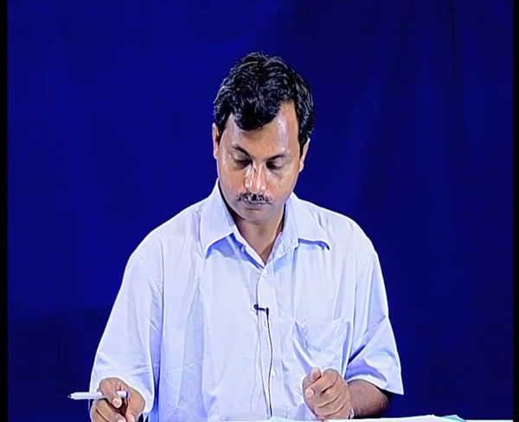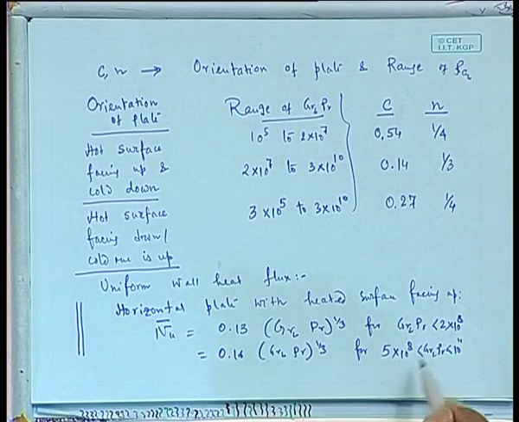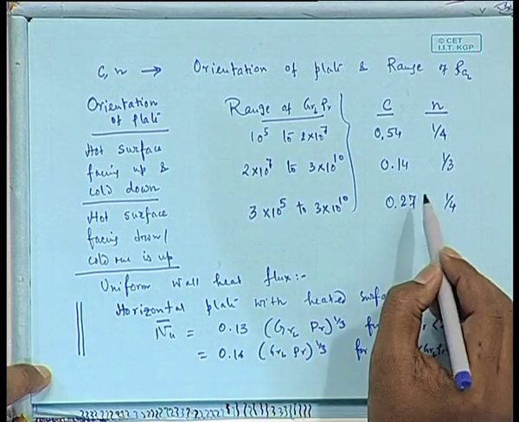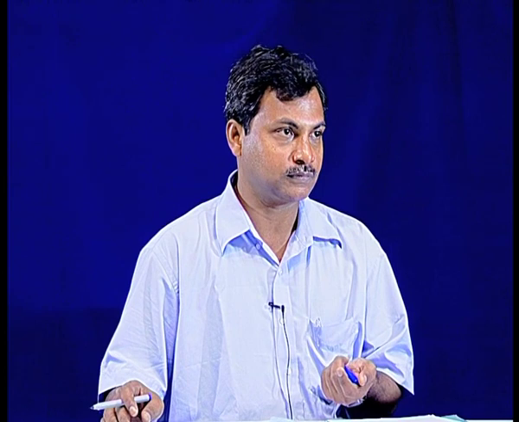So from 2 to 5 into 10 there is no correlation available. In that case, you can use any one of them. In fact, you will see the coefficients are quite close. All these are based on experimental results, and then put into correlation form.